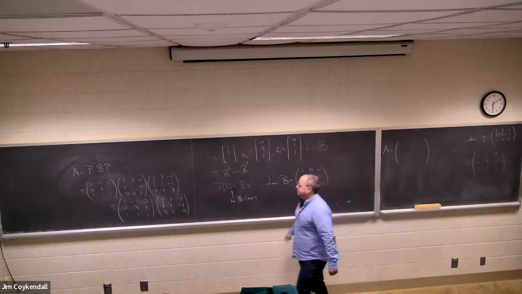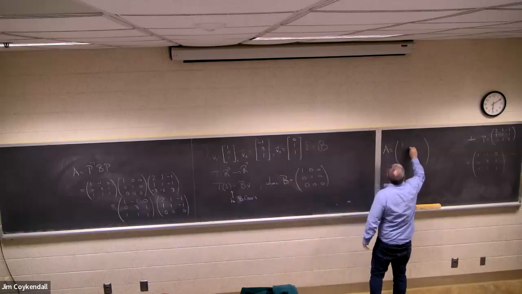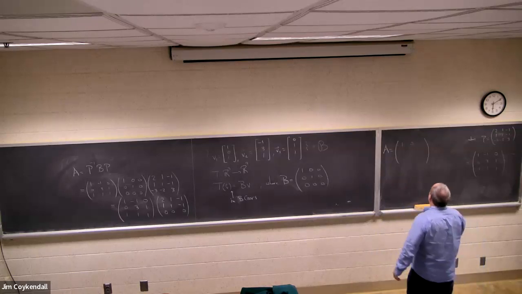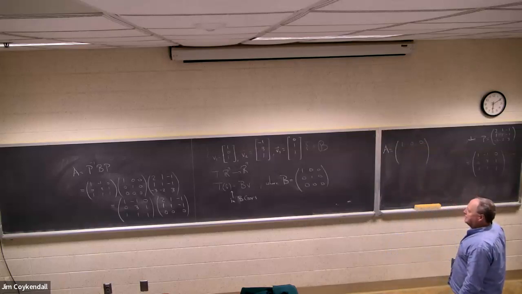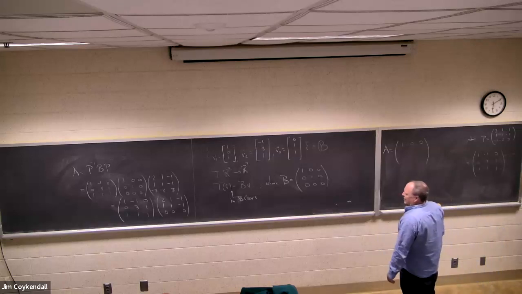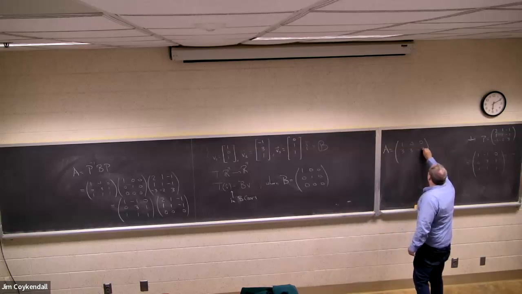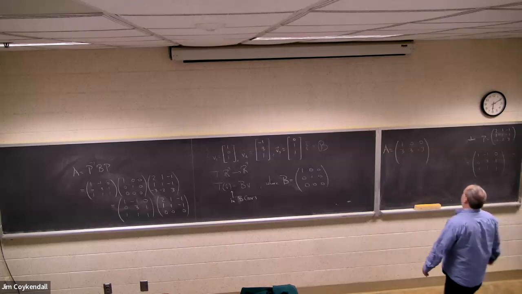A should be, let's see, 2 minus 1 is 1. 1 minus 1 is 0. Minus 1 plus 1 is 0. This is actually not too surprising. Next row I get 3, 3, negative 3, right? Well, then I get 3, 2, minus 2.